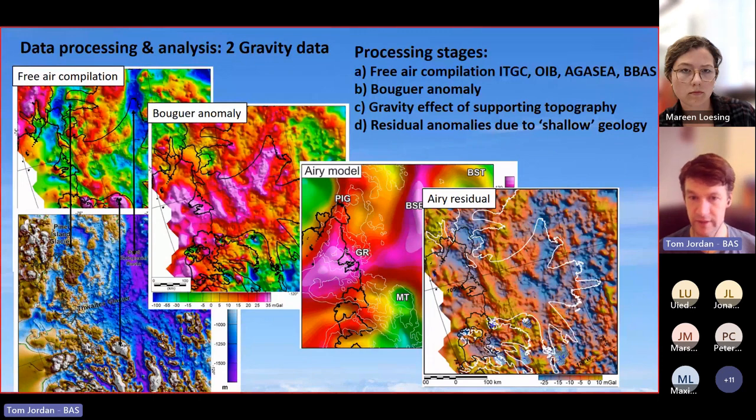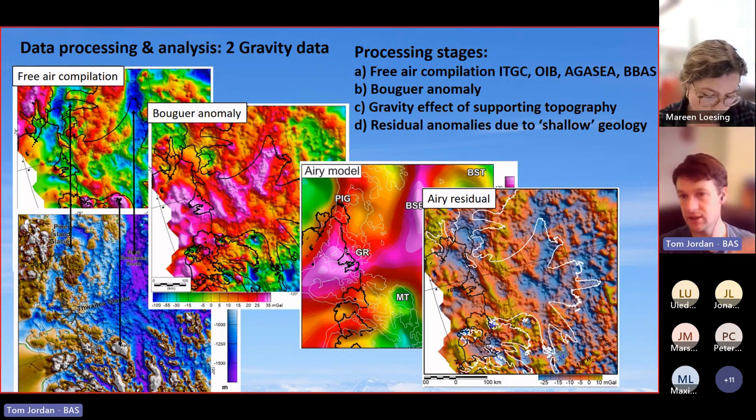Other forms of isostatic compensation are available, but the gravity effect of, for example, a warm mantle plume bringing low density mantle material holding up Marie Byrd Land would also give an isostatic response. But the gravity effect of that would be very similar to a crustal root supporting the topography. So we just use the Airy model as a quick shorthand to get us rapidly to the anomalies that are due to the shallow geology.